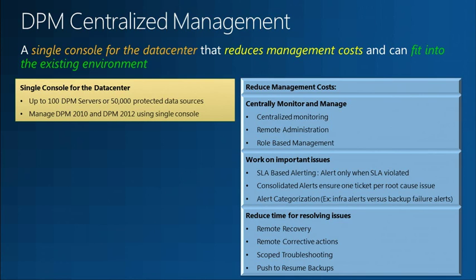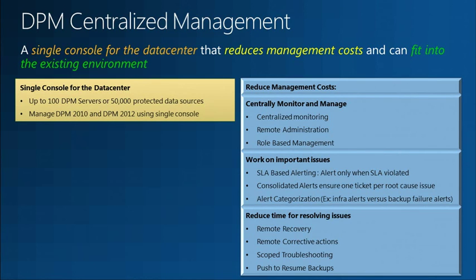Secondly, you'll see in the demo that we allow you to do all the troubleshooting and all the corrective actions right from the central console. Hopefully, fingers crossed, you never need to go to the DPM server ever again for managing, troubleshooting, and keeping your backups running. And also to be able to delegate it to a person in your team who need not be a DPM admin.